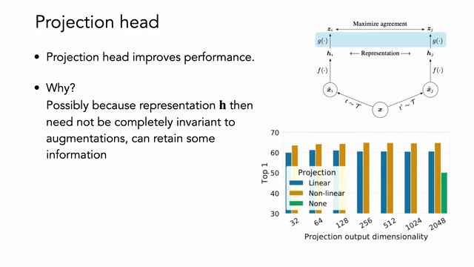If you look at this, you can see the gains between no projection at all versus different dimensionalities of those projections, and linear versus nonlinear projections. And again, H maybe gets to keep some invariance to dimensions of augmentation.